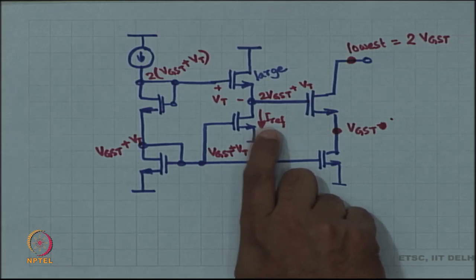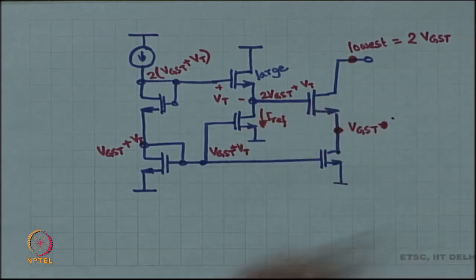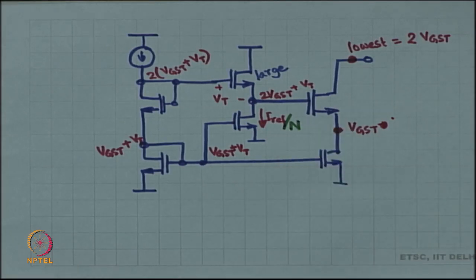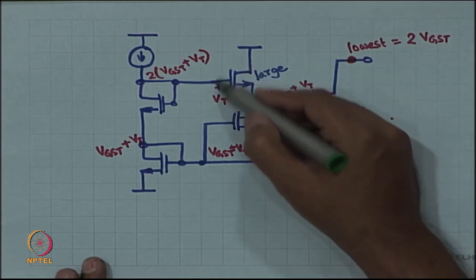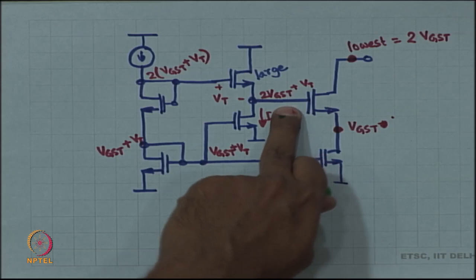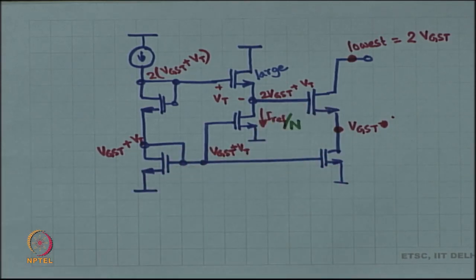Okay. You need a very small current over here. So, you do not really need Iref, you can have Iref divided by a large factor n, right, and you will save some current, you will dissipate less current. This will still drop a Vt, and that automatically means that you will get 2 Vgst plus Vt voltage over here. Is this all right?